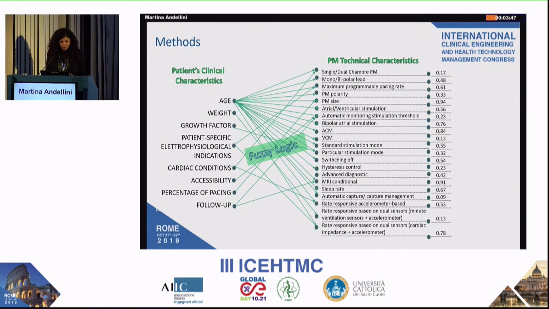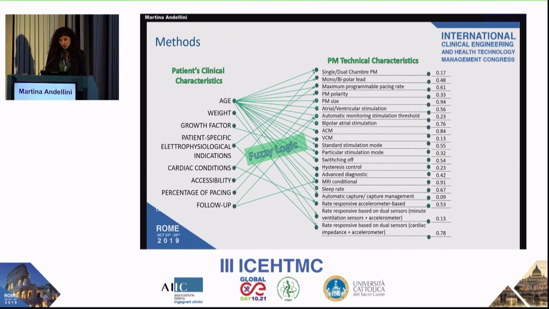So, for example, if the age of the patient is less than 4 years and the weight is less than 10 kilos and the growth factor is a particular value, we can select the single chamber pacemaker. So you can see that from the patient characteristics, with some rules, we can select the related technical characteristics.